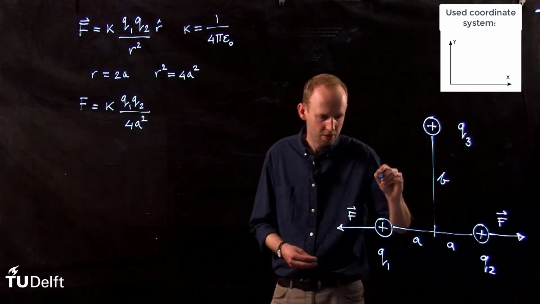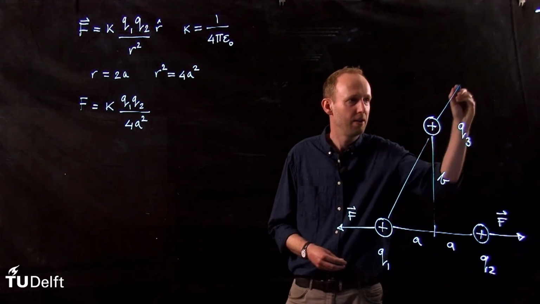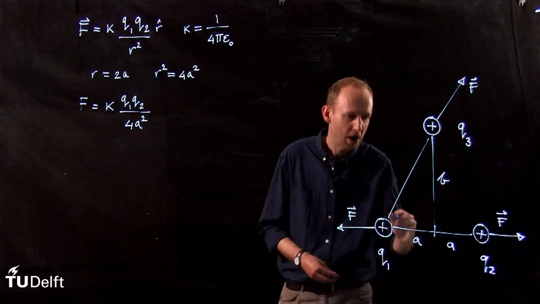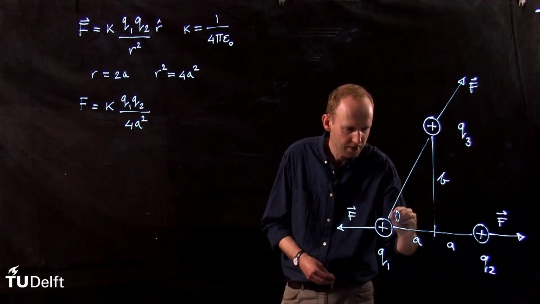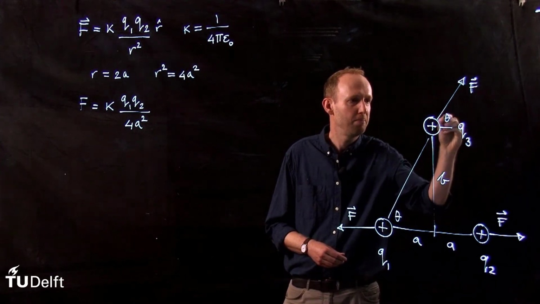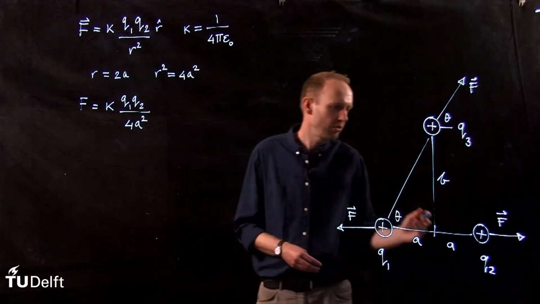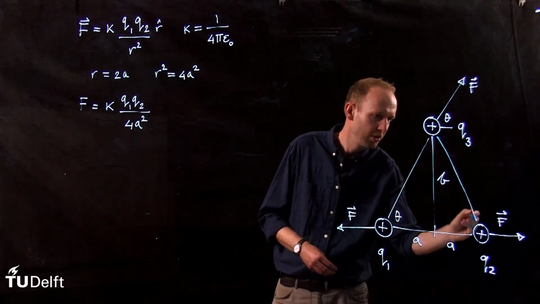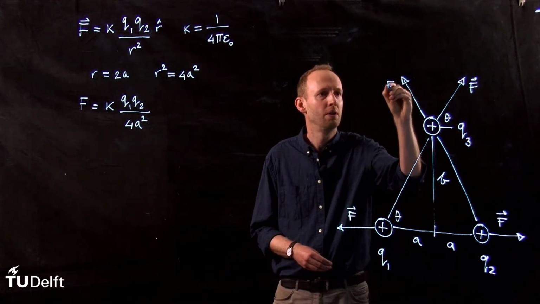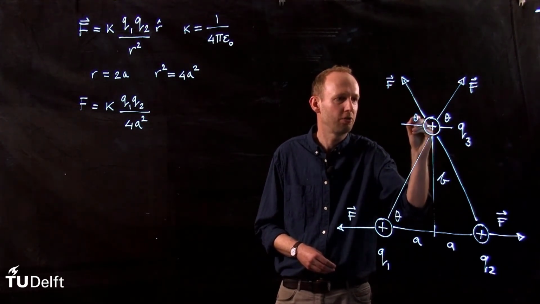One from the bottom left droplet, and that points in this direction, where I call this angle over here theta, and by symmetry you see that the same angle theta appears over here. Likewise, a force acts from the bottom right droplet onto the top droplet, pointing in this direction, and the same angle theta also appears over here.